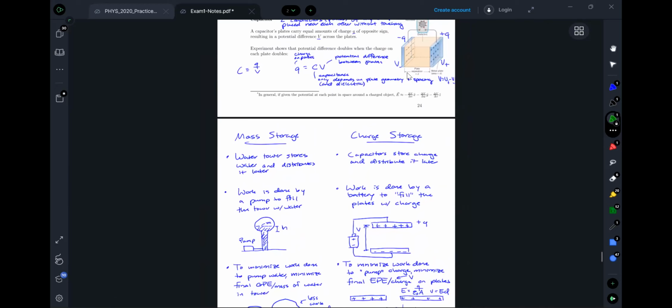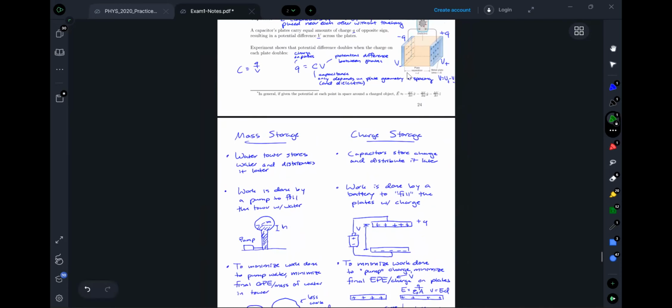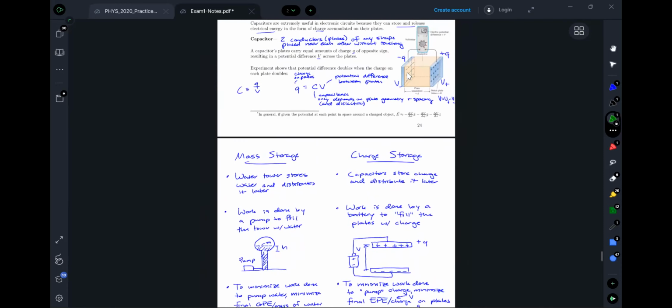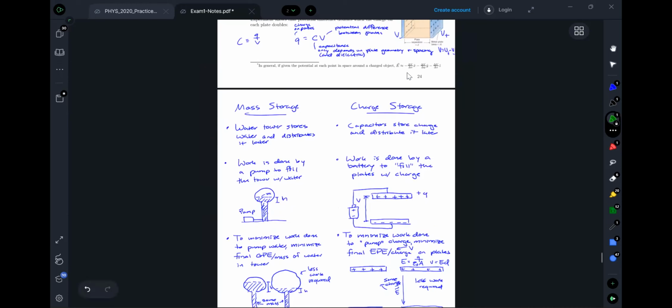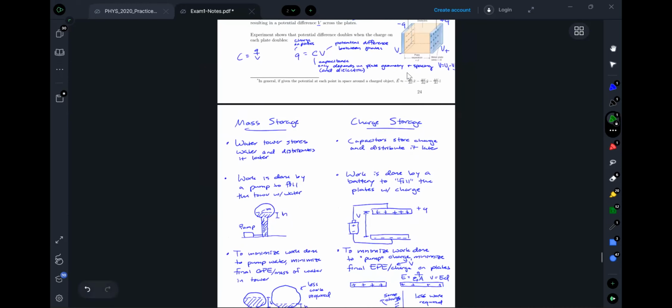If I quadruple the amount of water in this tower, it doesn't get larger. Just like if I quadruple the charge on these plates, they don't get larger. You just have more charge on them. What does get larger is the height of the water in the tower or the potential difference across the plates.